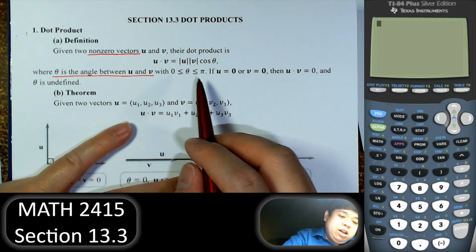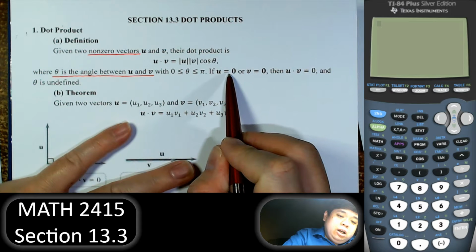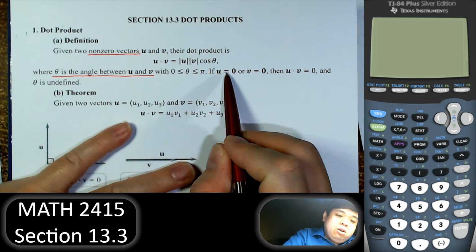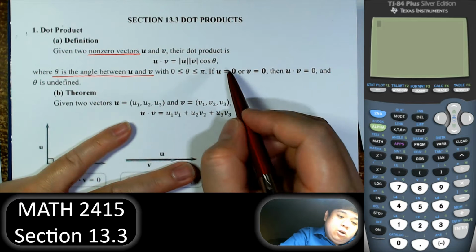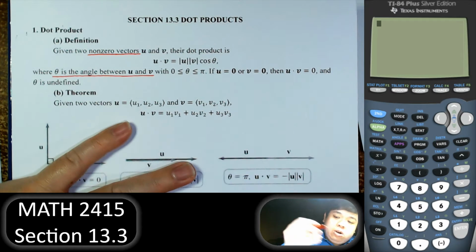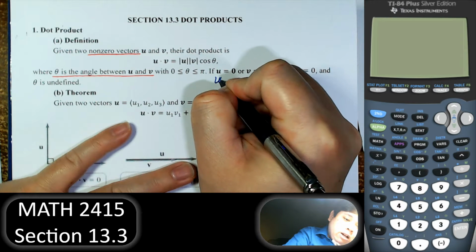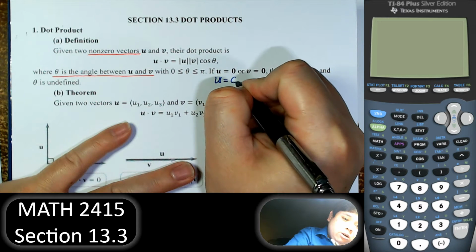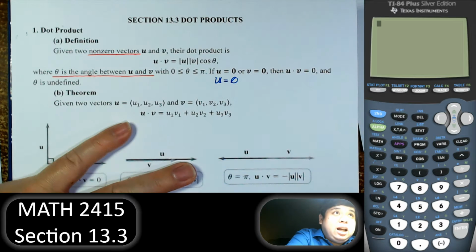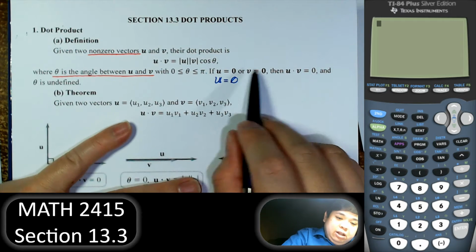By this definition, if u is a 0 vector or v is a 0 vector, notice that this is the boldface 0. If we write it by hand, it will be vector u equal to vector 0, like that. And then v was the same thing.